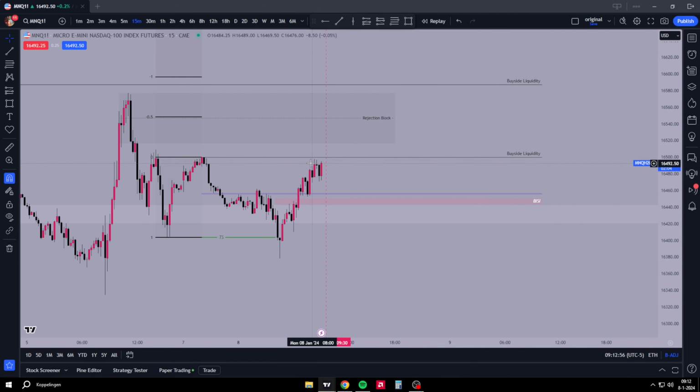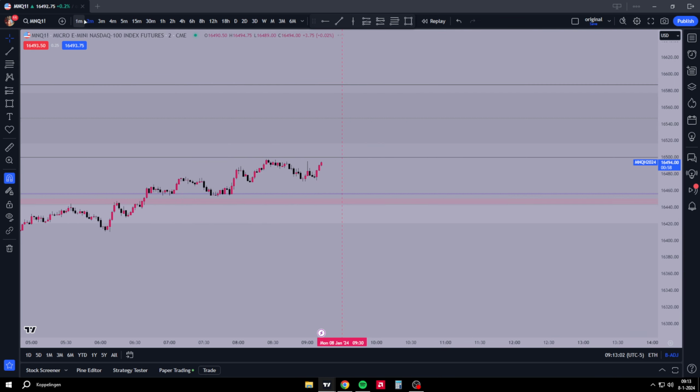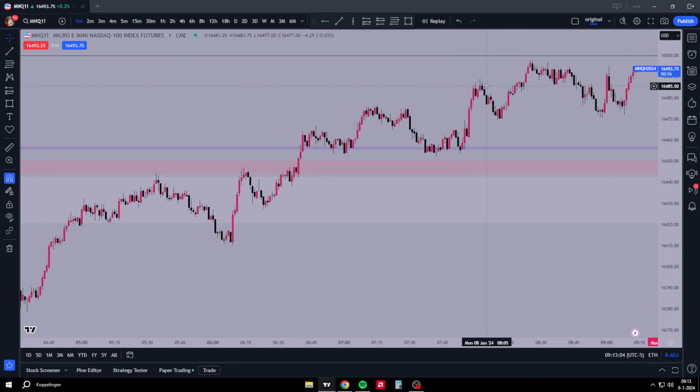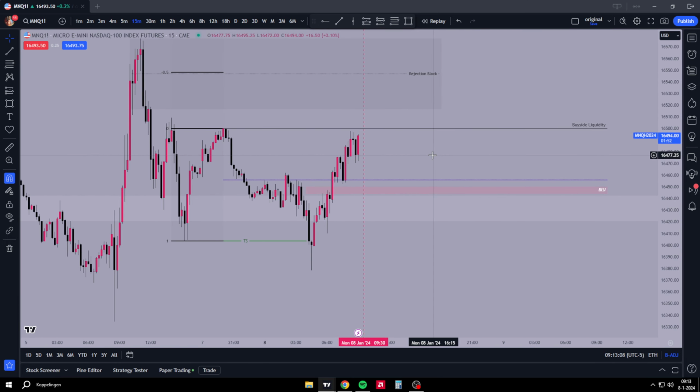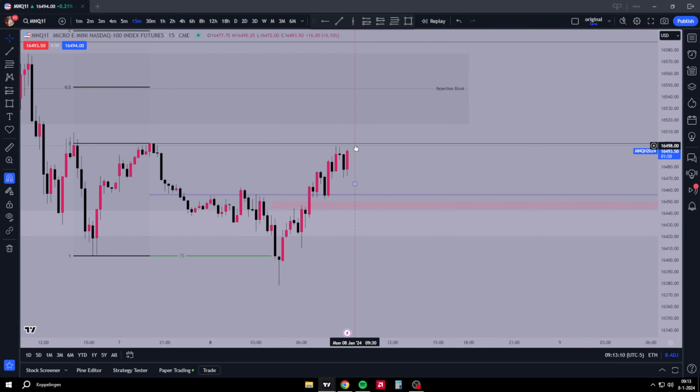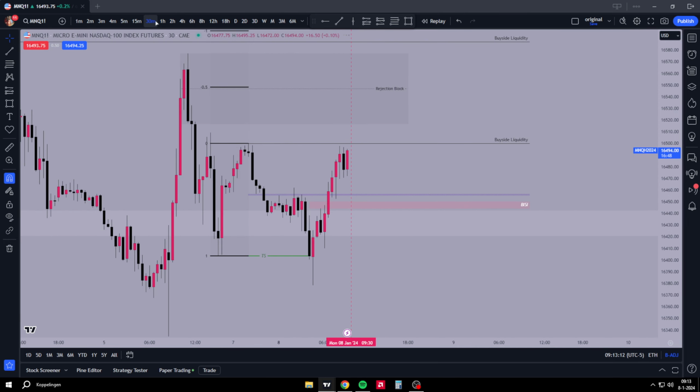So I hopefully we stay with these equal highs. That would be perfect. That would be really good actually if we have equal highs there. But I don't know.